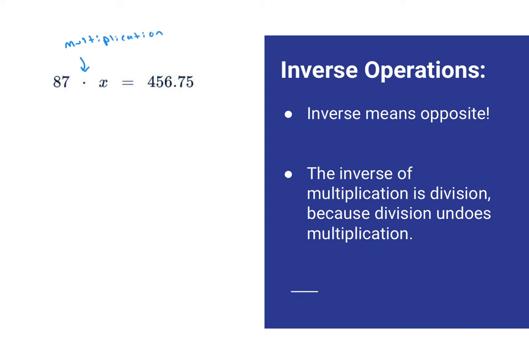Since we have 87 multiplying our x, and those equal 456.75, we can find the value of x by doing the opposite. We will divide by 87. And if we do it to one side of the equation, we have to do it to the other side in order to keep things equal. So 87 divided by 87 is 1, so we're left with just an x on one side of the equation. And 456.75 divided by 87 is 5.25.